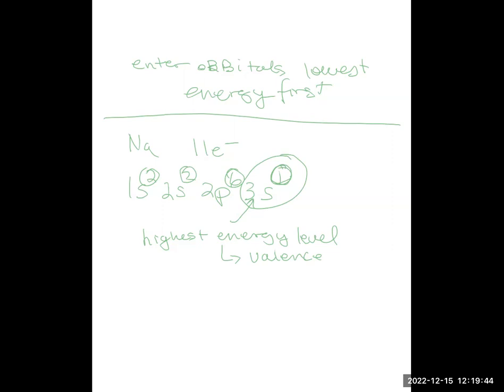So we say that sodium has 1 valence electron. And in fact, everything in that same group as sodium has one valence electron. And we can draw a dot diagram of that by writing the symbol and using a dot for the valence electron. And so everything in that group has its symbol with one dot around it to specify the valence electron.